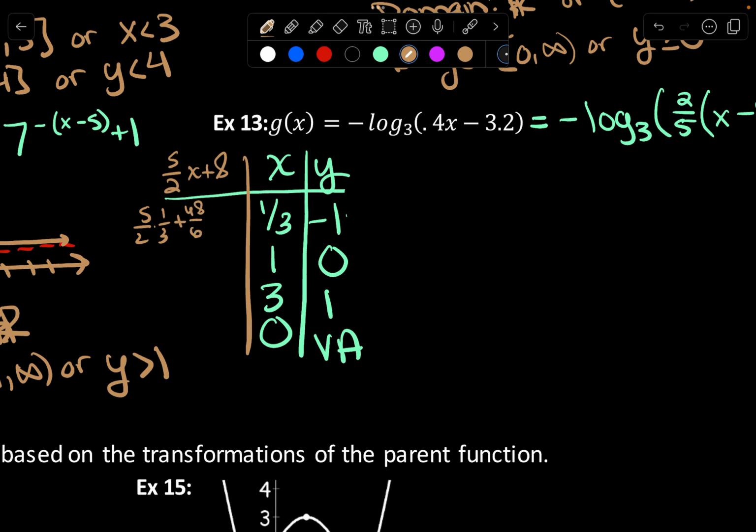I'm just multiplying. So that means we have 6 plus 48, which is going to give us 54. 54 over 6. So that means we have about 48.